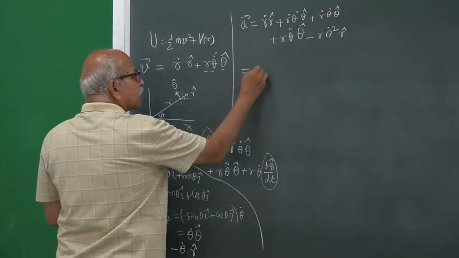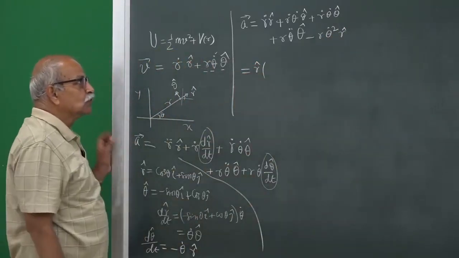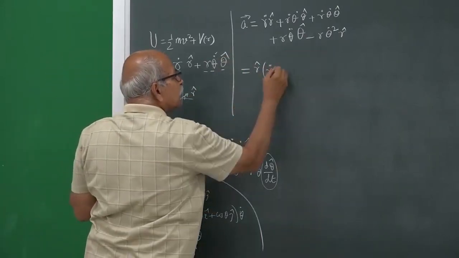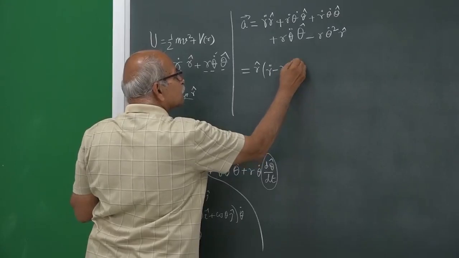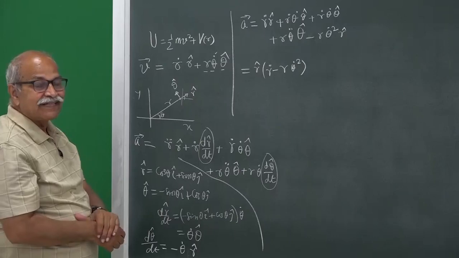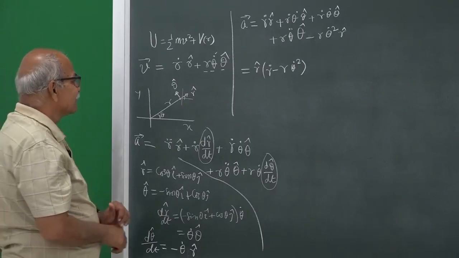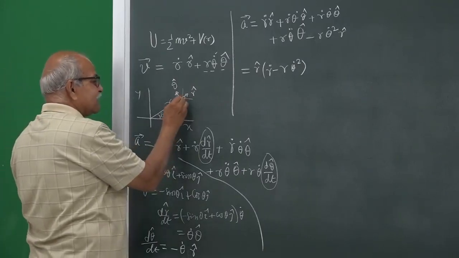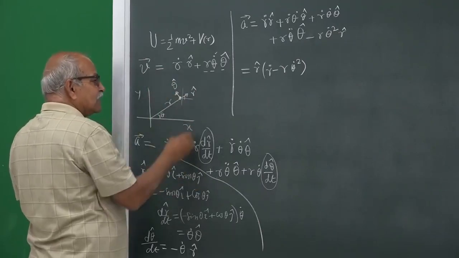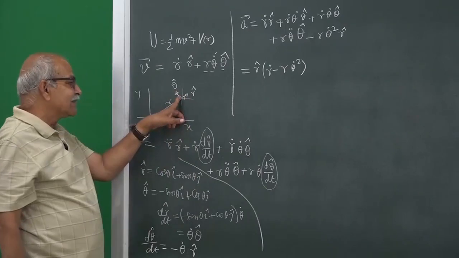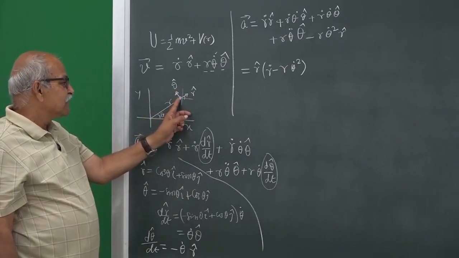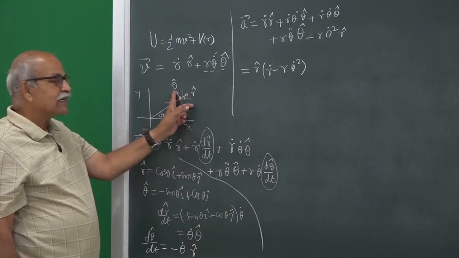So, if we collect r cap at one place, you have r double dot from here and minus r theta dot squared from here. So, that is the acceleration in the radial direction. So, if the particle is here, moving in some way with some velocity on some path, and you ask what is the acceleration of the particle, you can decompose it in two components, in the r cap direction and in the theta cap direction.